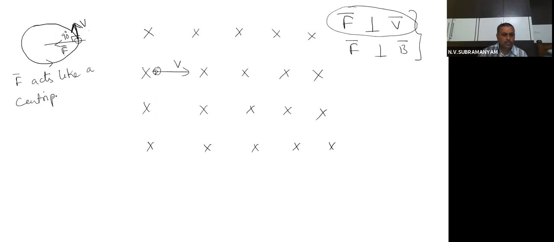So the magnetic force is now acting like a centripetal force, and due to the action of the magnetic force, it moves in a circle. Can you guess what is the direction of the force in this diagram? Velocity is like this. Okay, if you see carefully, one minute.